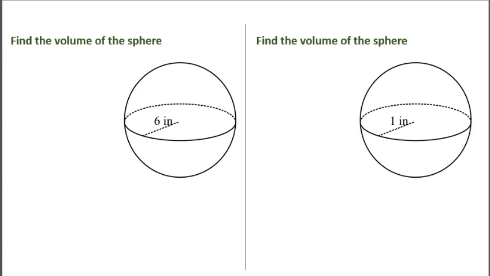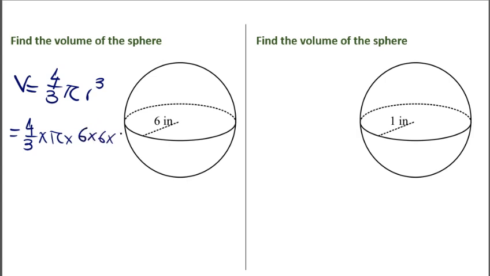Another one. You can pause the video, solve yourself, replay, and check your answer. Find the volume of the sphere. The volume equals 4/3 times pi times r cube. r is equal to 6, so 6 times 6 times 6.